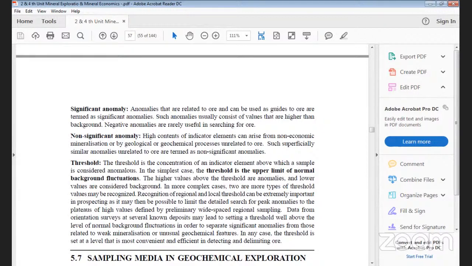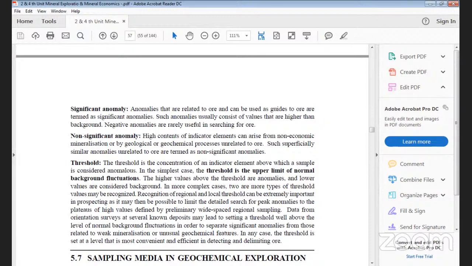In more complex cases, two or more types of threshold values may be recognized. The recognition of a regional or local threshold can be extremely important, playing a very important role in prospecting for different ore deposits.